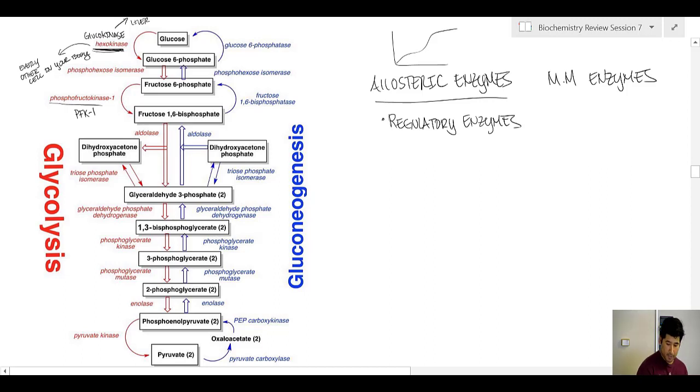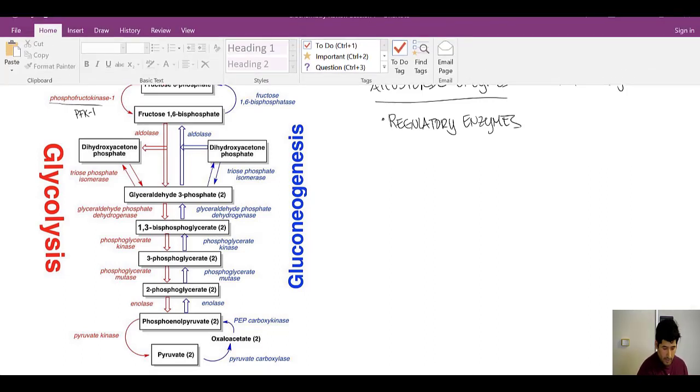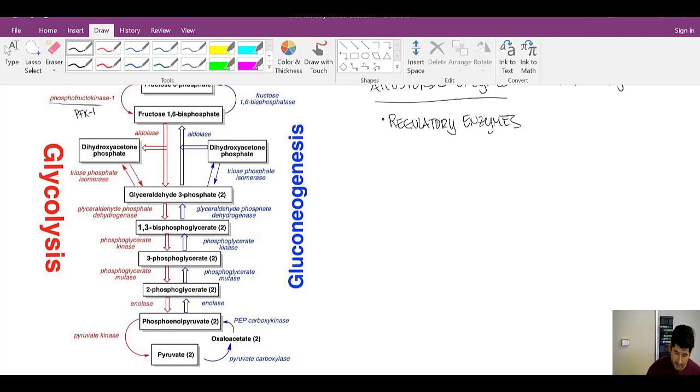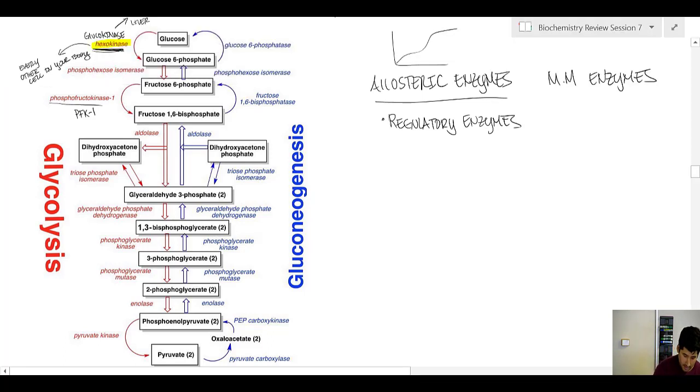This is another regulatory enzyme, and regulatory enzymes display what type of kinetics? Allosteric. Is that the second one? Like isomerase, is that one or no? No, so the second one is not a regulatory enzyme.